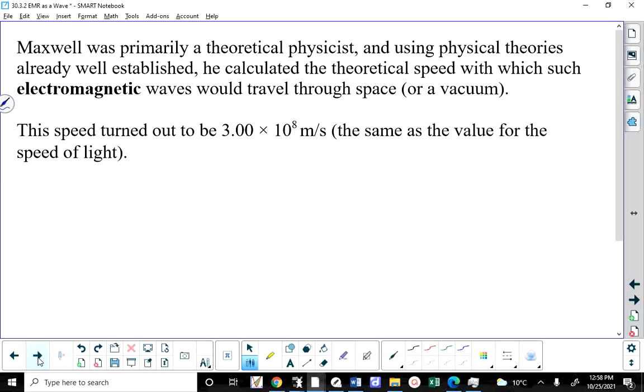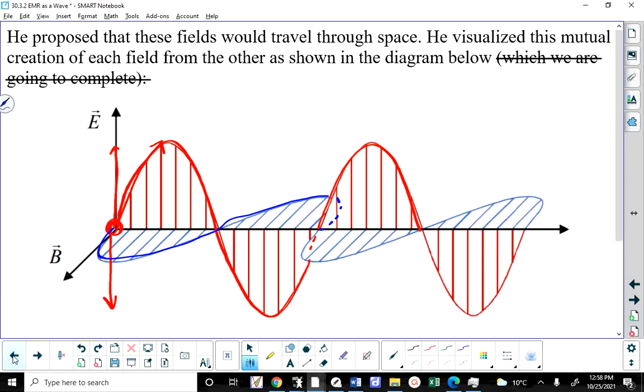These very complicated equations boil down to all these waves having to travel at 3.00 times 10 to the 8 meters per second. Now that happens to be the speed of light. So once the speed of light was determined, the obvious conclusion is, well, maybe this stuff that Maxwell is hypothesizing, maybe that's what light is. And it is, by the way.